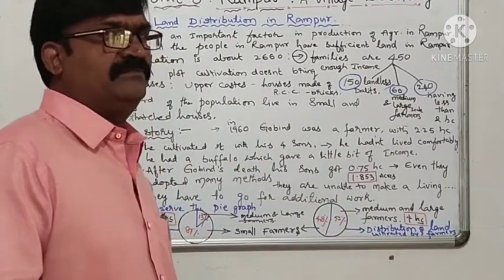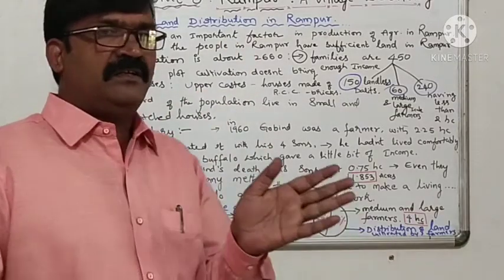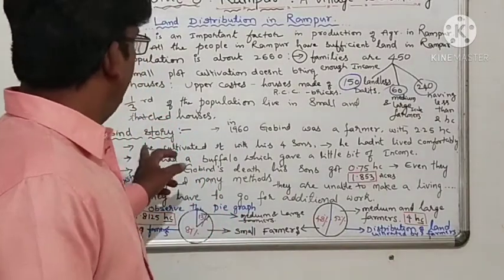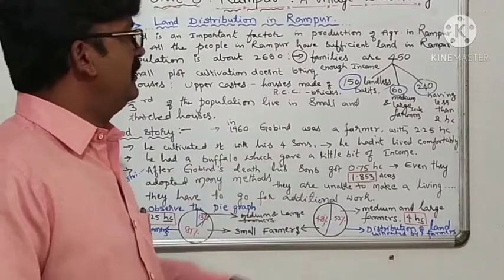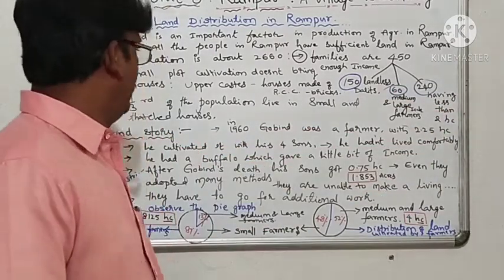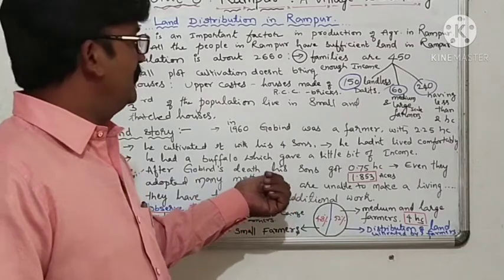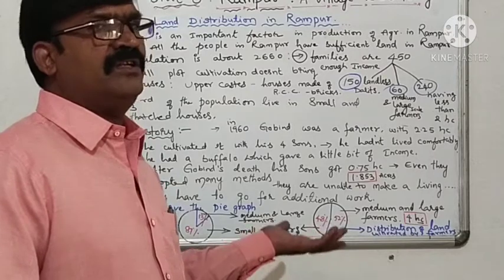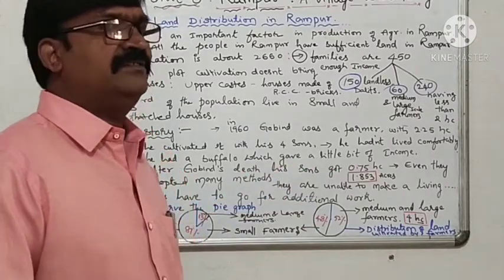This is a story related to the economy of Rampur, and similarly it applies to the Indian economy. He cultivated it with the help of his 4 sons. He didn't live comfortably. And after Govind's death, what did his sons have to do? Naturally, they shared the land.